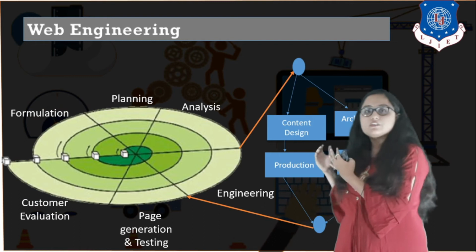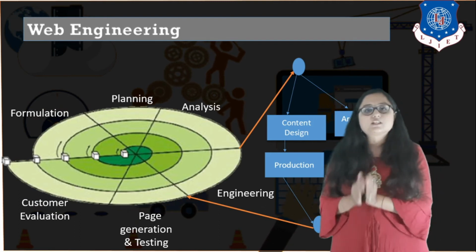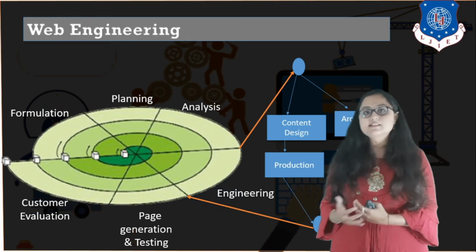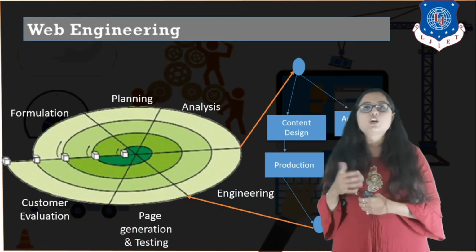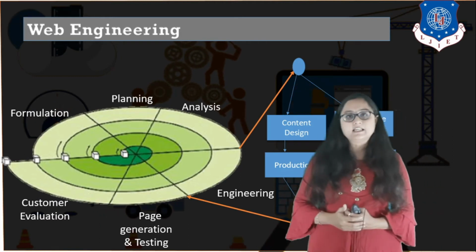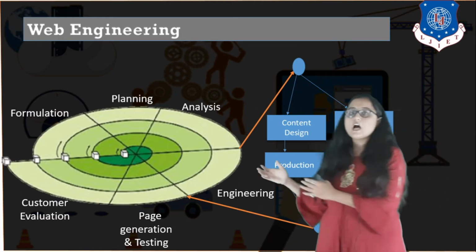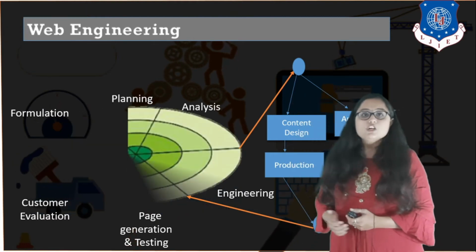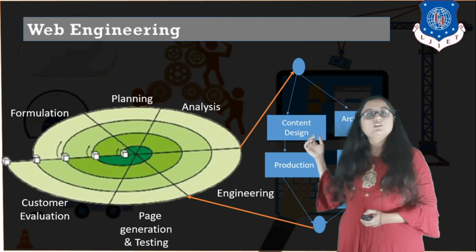For example, if you have delivered the first increment, the customer will say what the loopholes or errors in the first increment are, what needs to be rectified and what should be included in the next increment. So all these activities are performed in the last phase, that is customer evaluation. So this was all about web engineering.